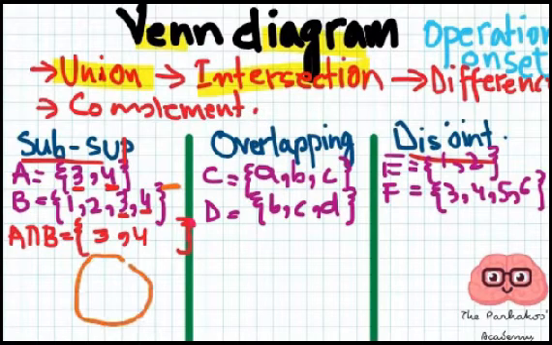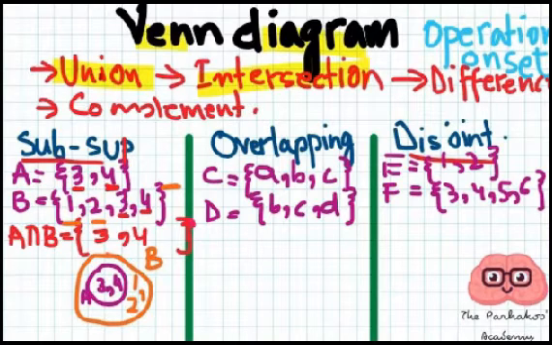So this is the superset B. You can make use of a compass or some circular thing for it. I'm just drawing it roughly. So B, and the smaller set goes inside, which is A. So this is A. So we have 3 and 4, right? And inside of B we have 1 and 2 only. So 1, 2.